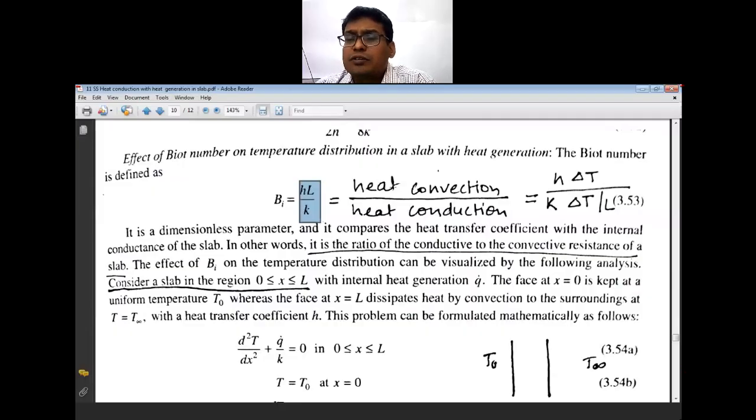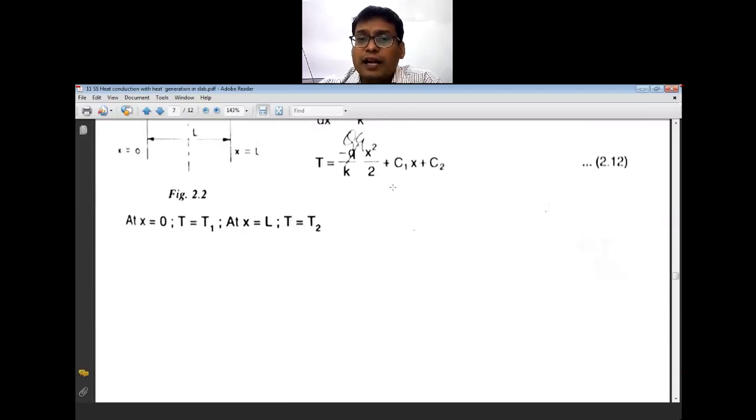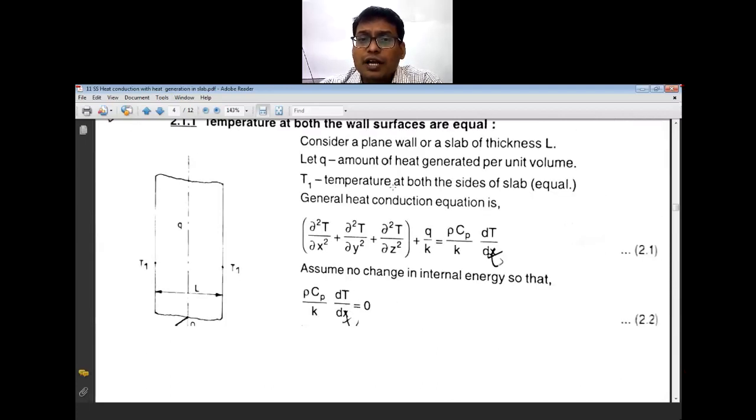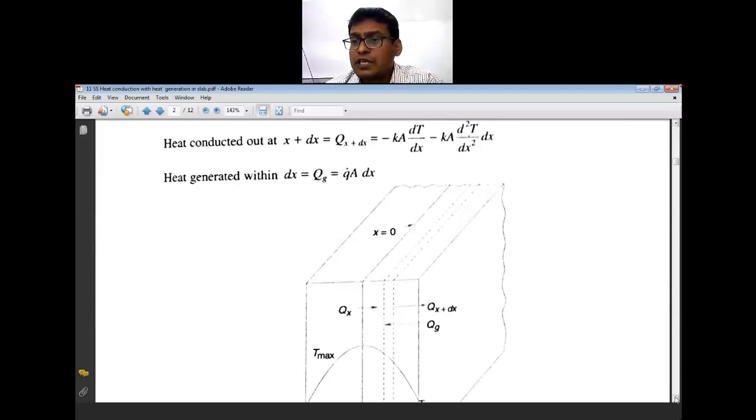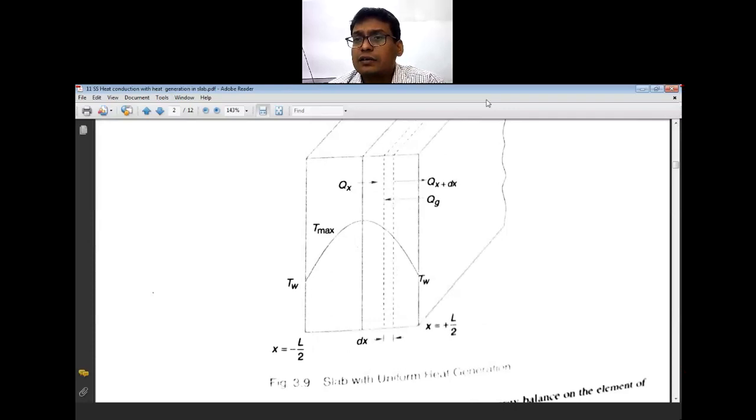So H upon K by L will be there. So it is simplified to HL upon K. That is, in short, we can write the heat transfer by convection upon the heat transfer by conduction. That is the Biot number. Where is the heat transfer by convection happening? We'll see in this figure that here it's a T infinity temperature to the surrounding.